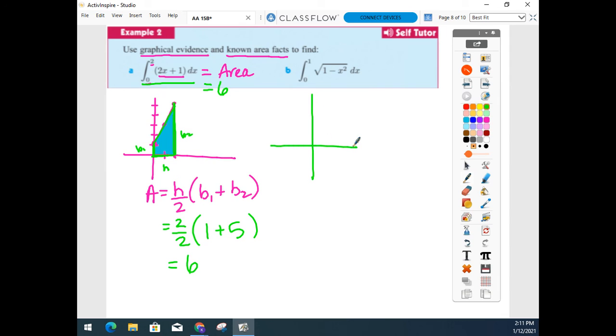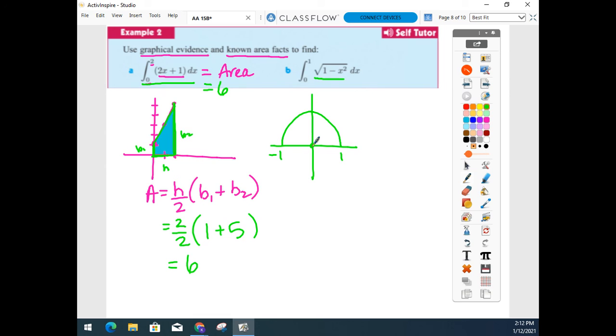All right, letter B. You might not remember this, but this is half a circle. A circle of radius 1. The square root is the top half of a circle with the center at the origin.